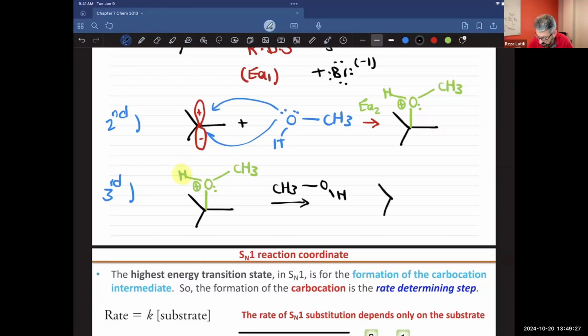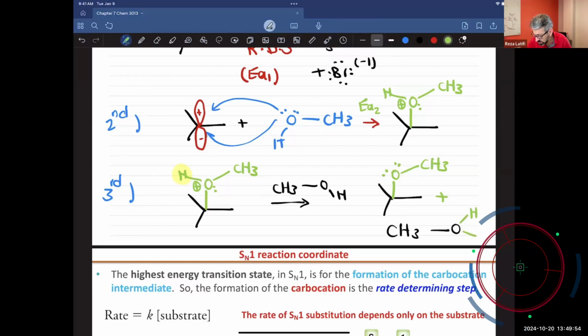So we will get this, and now we have O here attached to methyl. This oxygen has 2 lone pairs. Now it has a 0 charge. Plus, we're going to get methanol, with a methyl group attached to oxygen, and the oxygen has 2 hydrogens. So now this one has a positive charge.